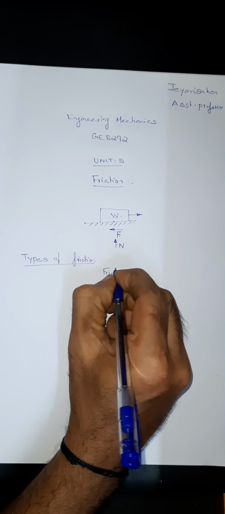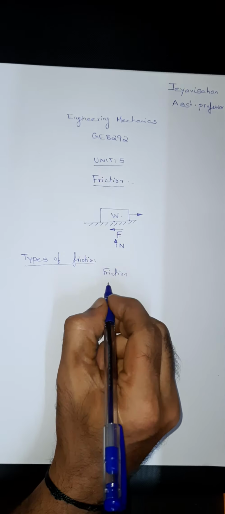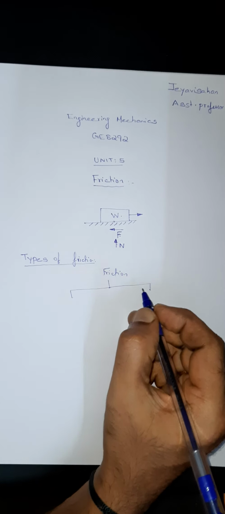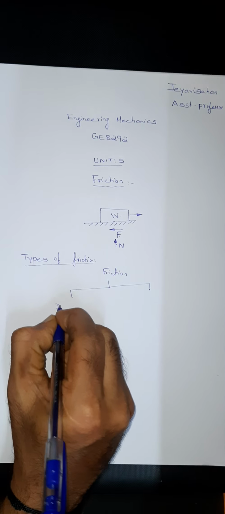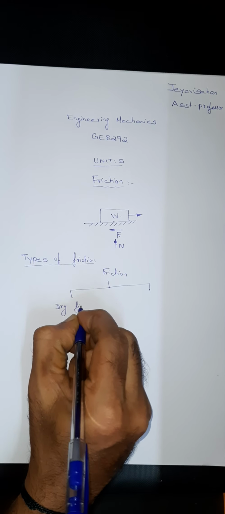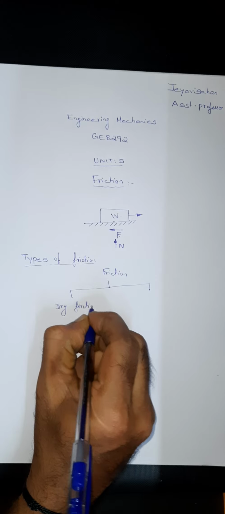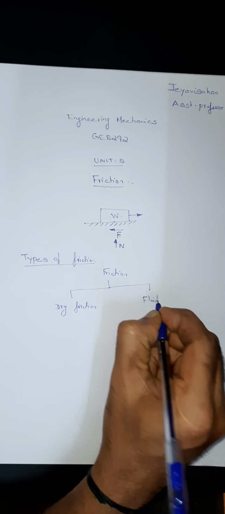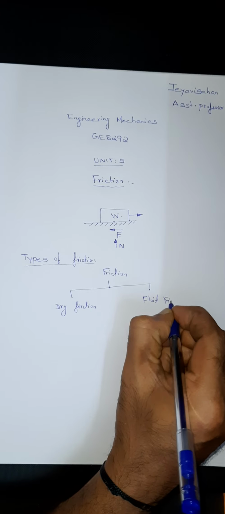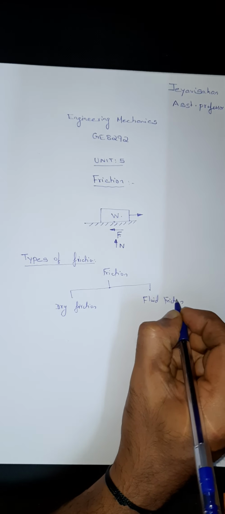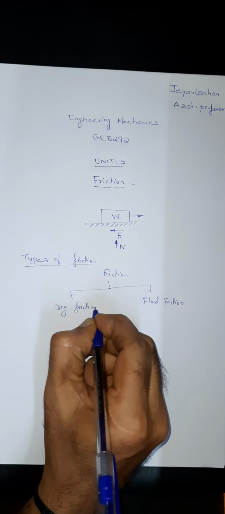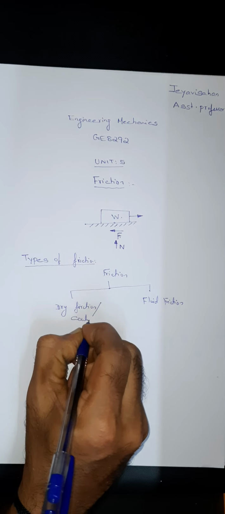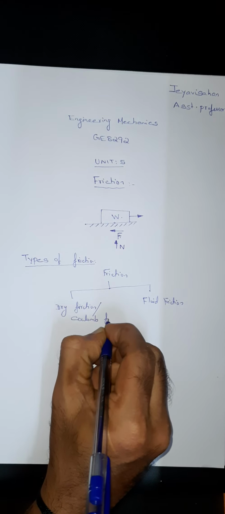Friction is classified into two: dry friction and fluid friction. This dry friction can also be called Coulomb friction.